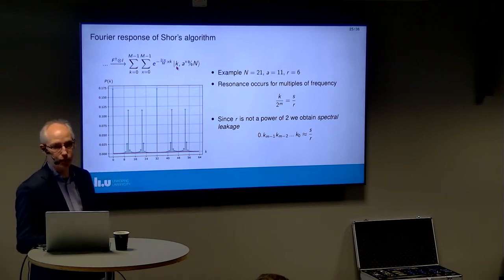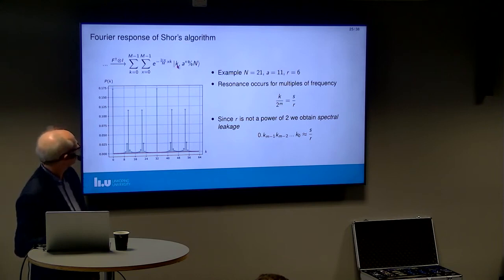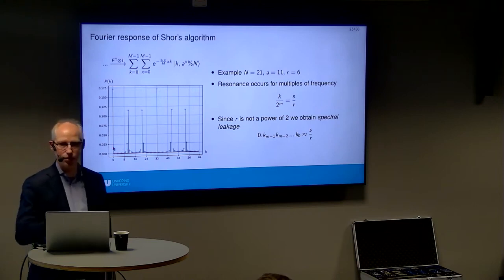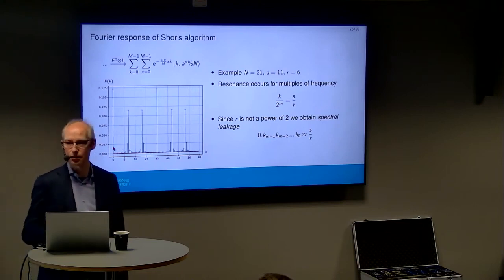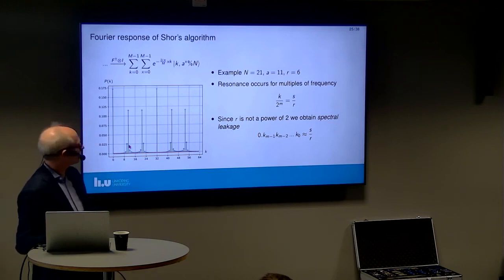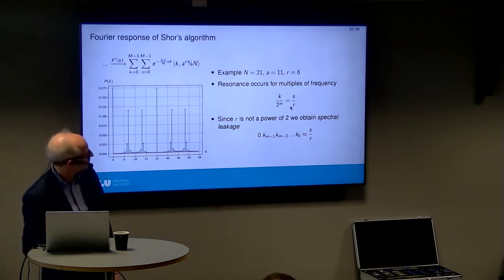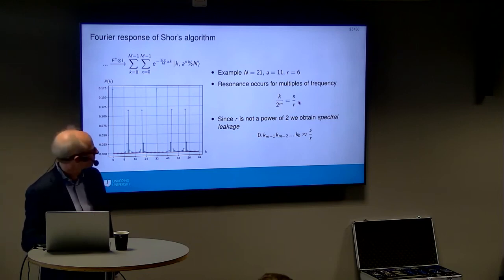So that's the output of the quantum algorithm. And the probability of measuring different k is given here. And you can see it looks like a Fourier transform. It has peaks, where you have resonance, and the resonance occurs for a particular multiple of the frequency. And r is the number we're after.